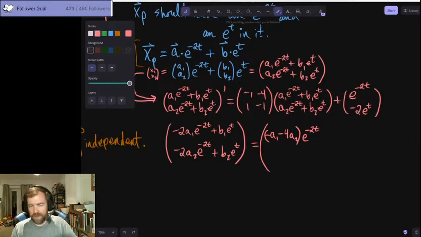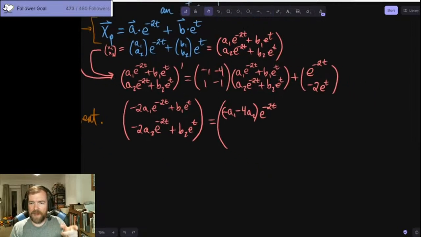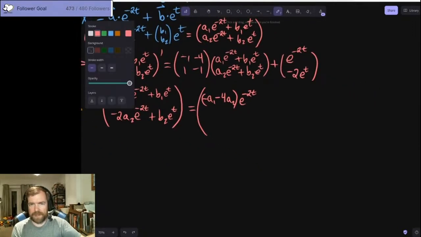It's the same left distribution we were talking about before. It doesn't matter how you're organizing it. But that would allow you to jump a step and not worry about doing the negative a1, negative b1, then negative 4a2 and negative 4b2. So organizing it even just in your head, we're taking just the a terms and doing matrix multiplication on them, doing just the b terms and doing matrix multiplication on them, and then still adding them all together at the end. It just makes it a little bit easier to work with.